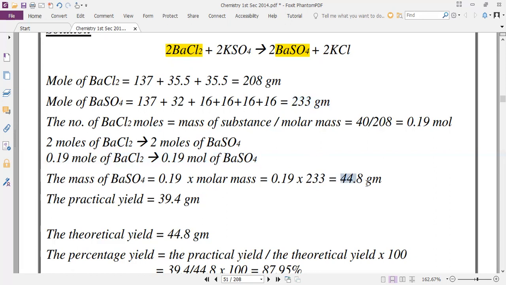Equal what finally? The mass of barium sulfate will be 44.8 grams. Yes, 44.8 grams. Is this theoretical or practical? This is the theoretical, because we calculated it by the theoretical method.